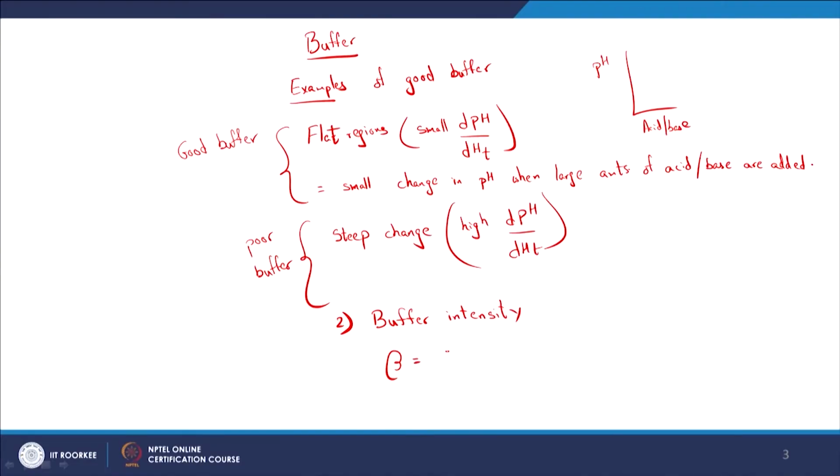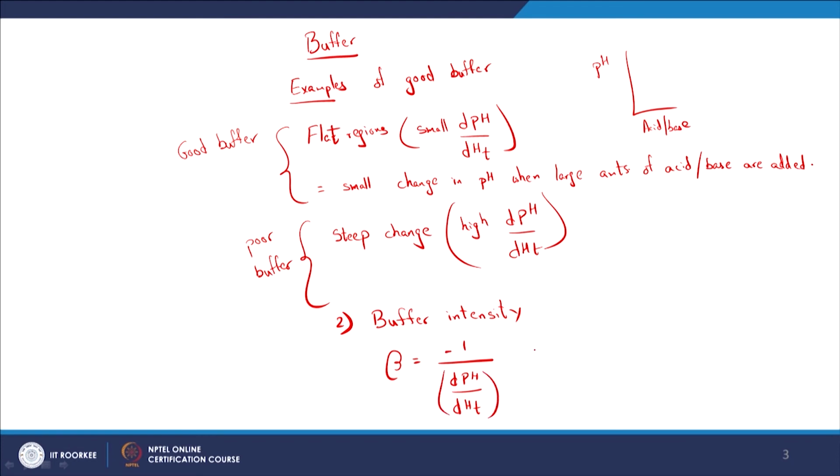When the region is flat, or the slope is low, the buffer intensity is high, and when the slope is steep, the buffer intensity is low. So it's inversely proportional: minus 1 by the slope, which is d pH by dH total.